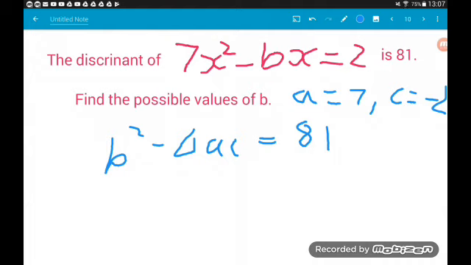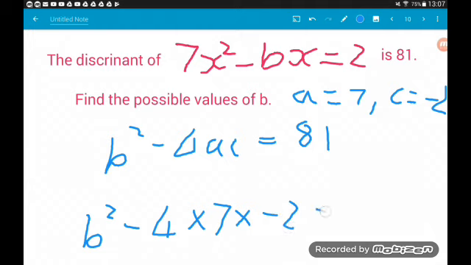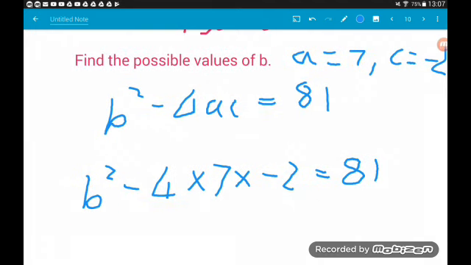So, if we plonk our stuff in, we got b squared minus 4 times 7 times minus 2, and we know that is equal to 81. So we got b squared, well, minus 4 times 7 is minus 28, times minus 2 gives us positive 56.